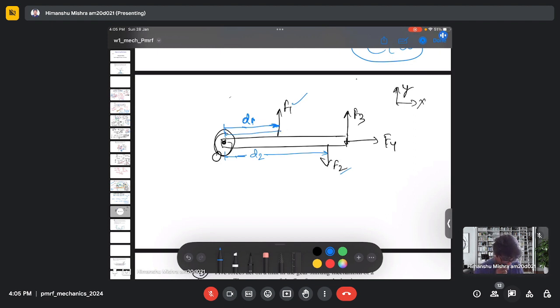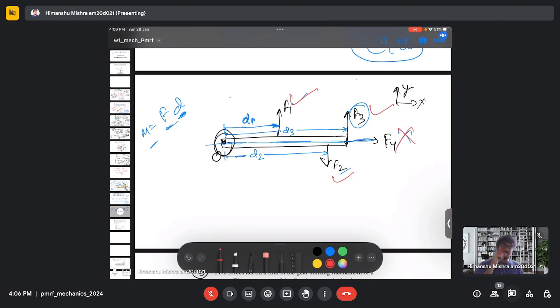You can say the same thing for force F3 as well, because both the force and the normal distance are non-zero quantities, and this is actually the magnitude of a moment. So F3 also will create a moment. Now F4 has no normal distance. It is actually acting at point O. So F4 will not create a moment. You identify that only F1, F2 and F3 are creating a moment, not F4.